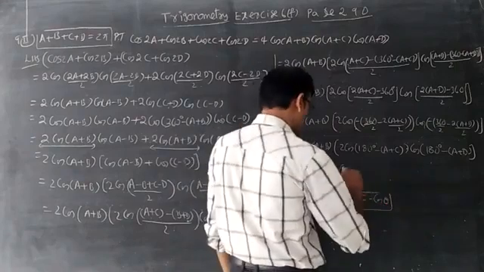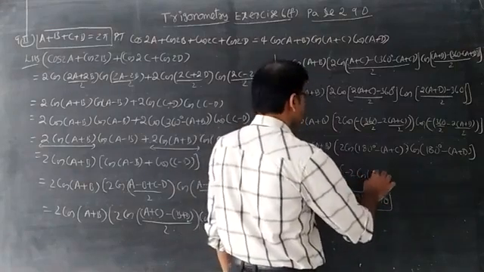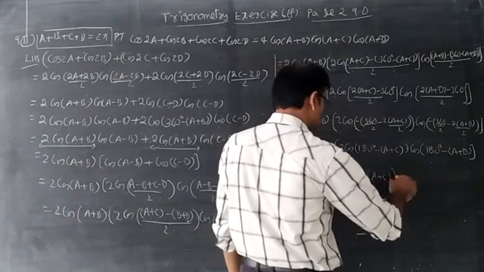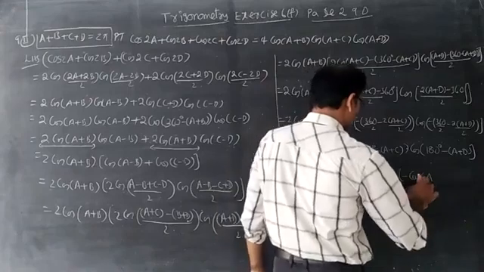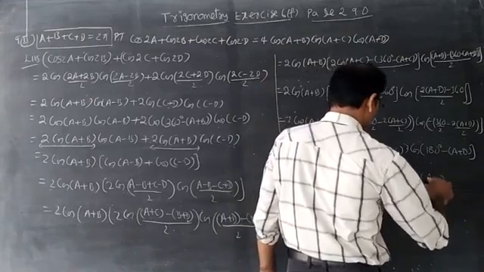So here you can understand minus 2 cos of a plus c into, again another minus is there, minus cos of a plus b.